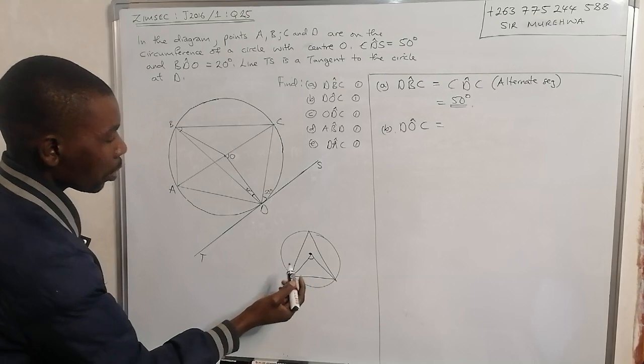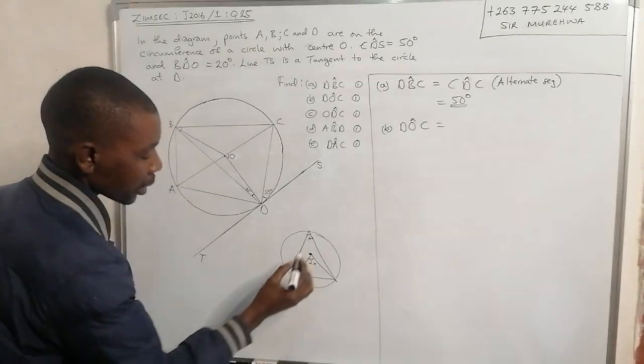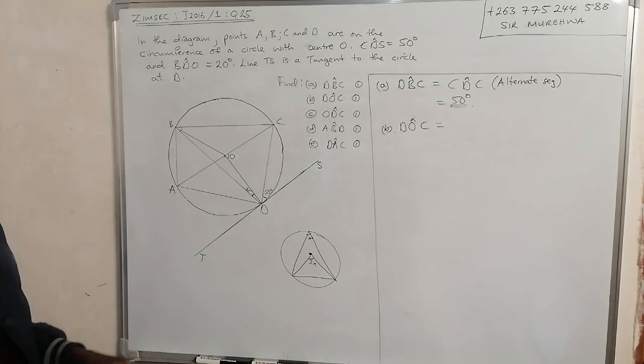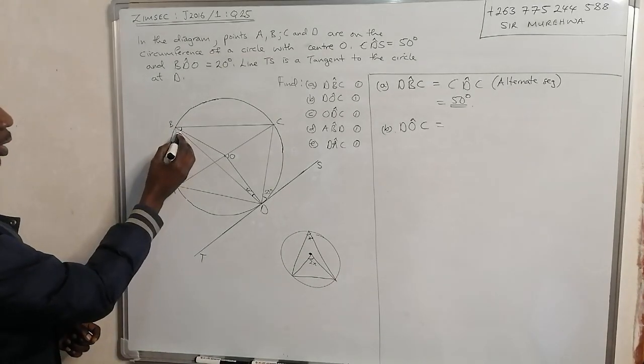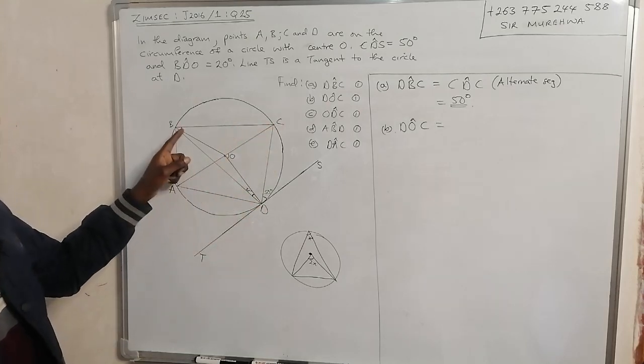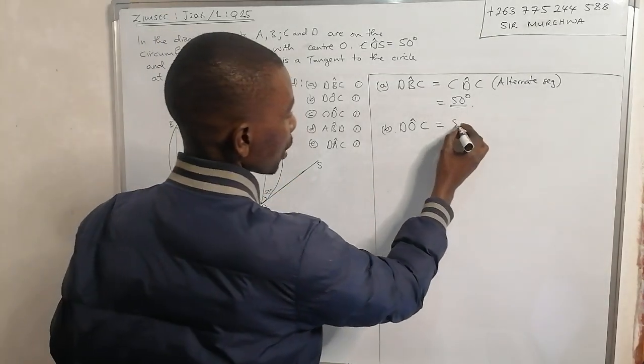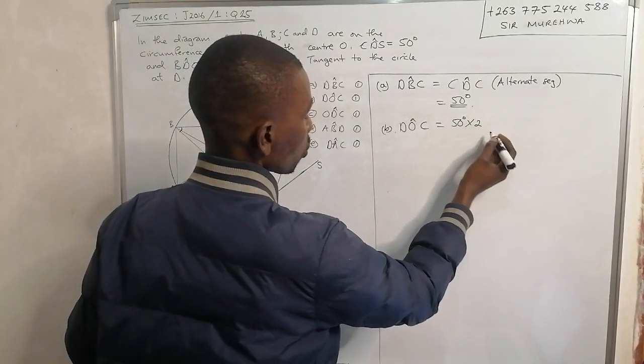So if we have 2x here, this one will be x degrees. Here we have 50 degrees, so for DOC, we are going to say 50 degrees times 2.